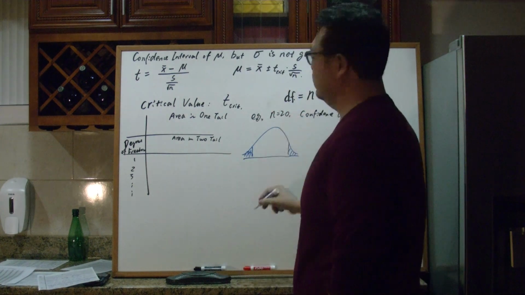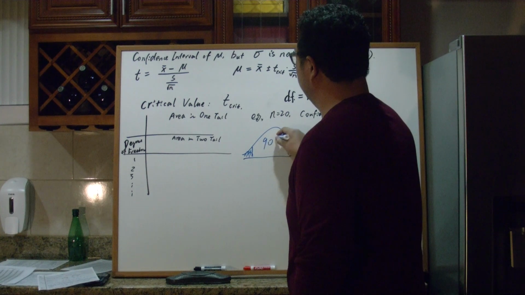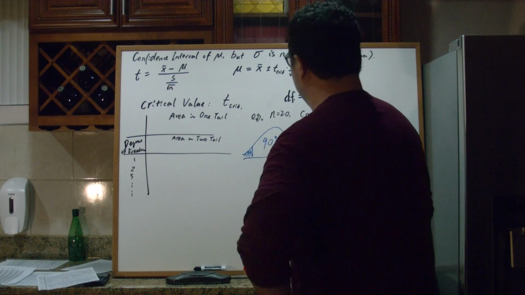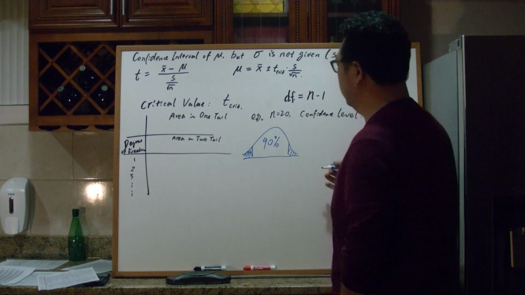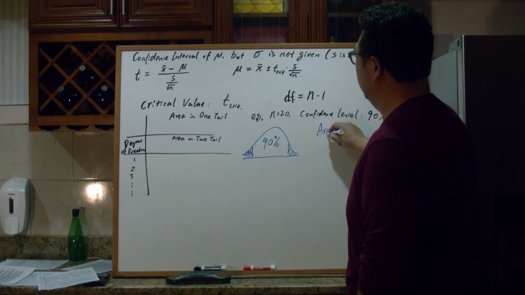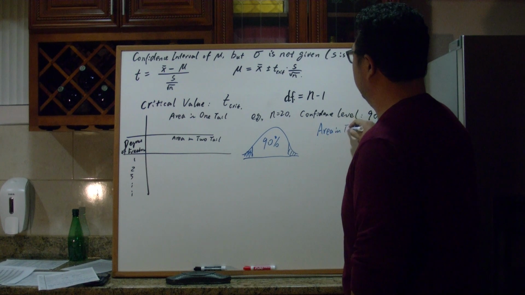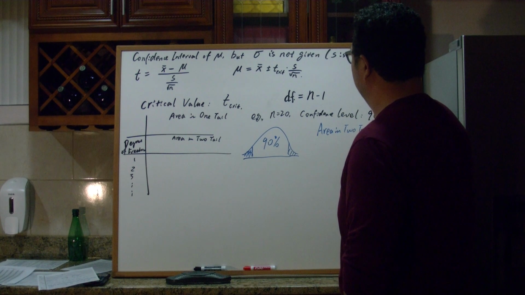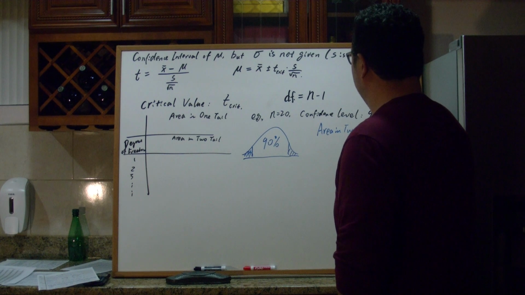We don't know the area in the tail, but we know the middle is 90%. Therefore, area in two tails is 10%, or 0.1.